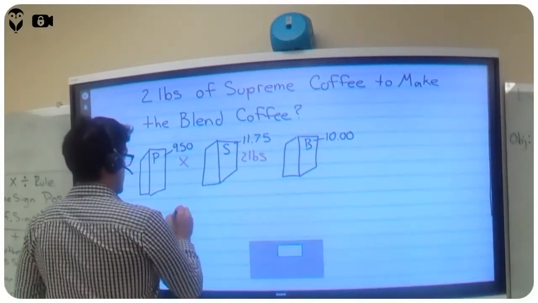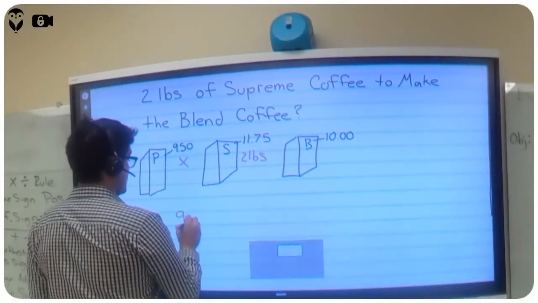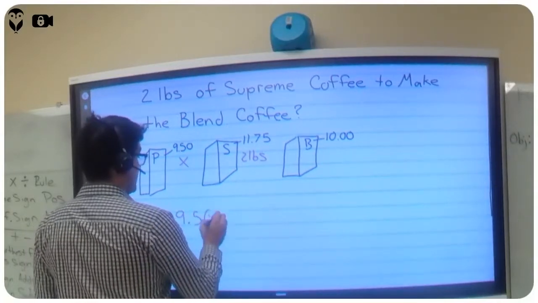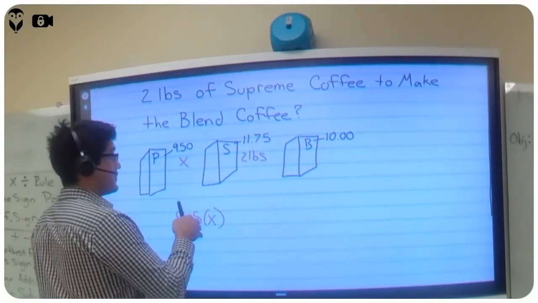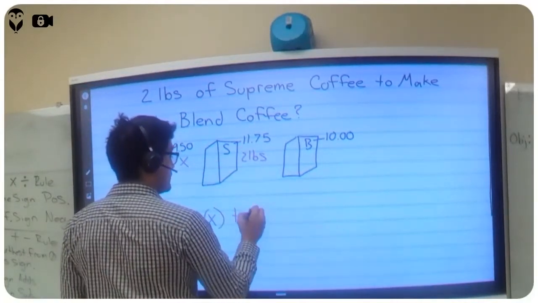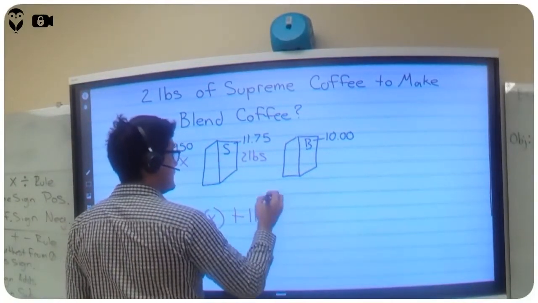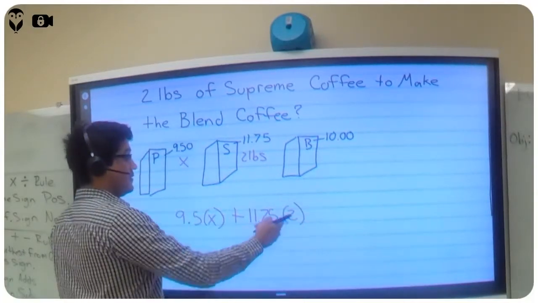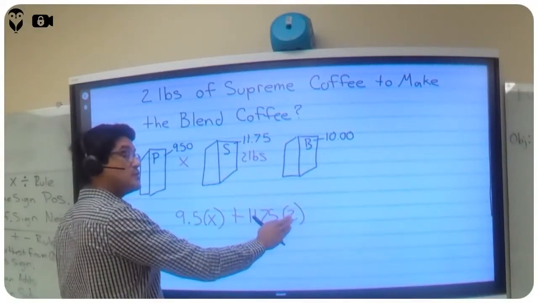So we know that it's 9.50, so 9.5 times the weight. That's how much that's going to cost. And we're going to add 11.75 times 2, because we have that much. We know exactly how much we have.